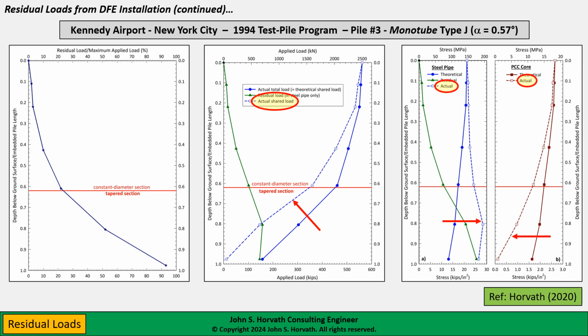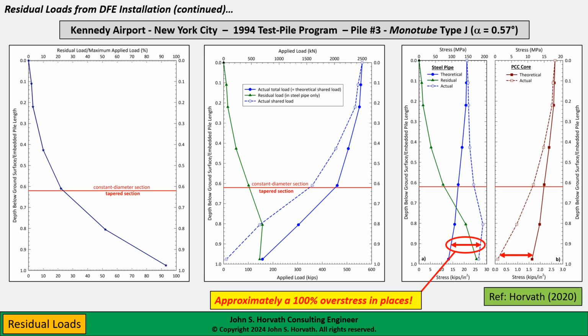Conversely, the stresses in the concrete core are a lot smaller than we think, right? Because the concrete has to carry only a smaller portion of the load. So the dash curve here shows the actual stresses in the concrete versus what we think is there. And we see the differences are quite significant, especially down here in the lower portion of the tapered section of the pile.